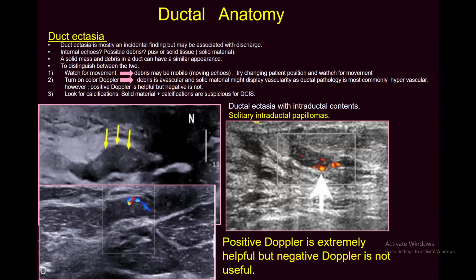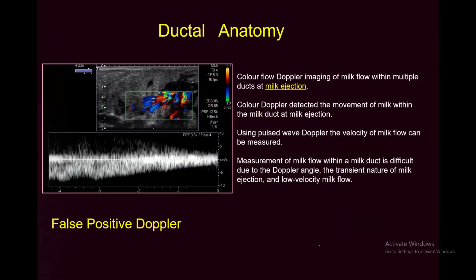See, these are the differential diagnoses for an intraductal vascular lesion. Commonest is papilloma, but not always the case. We have a false positive, as in the case of milk ejection in a lactating woman.